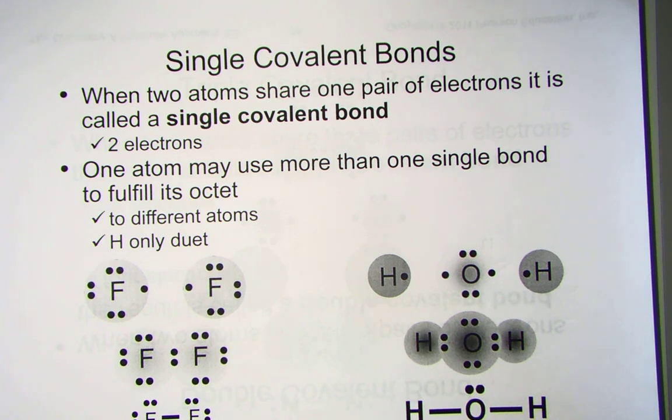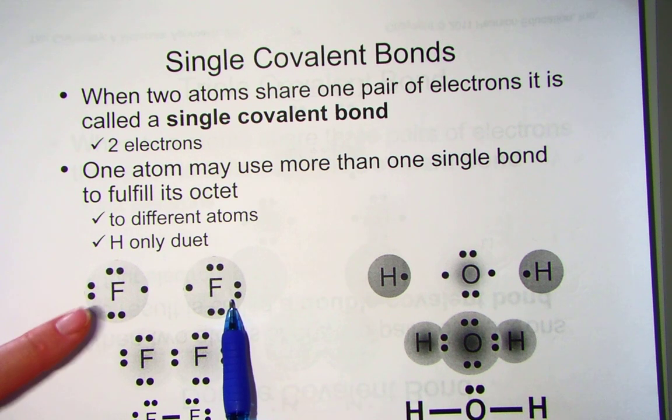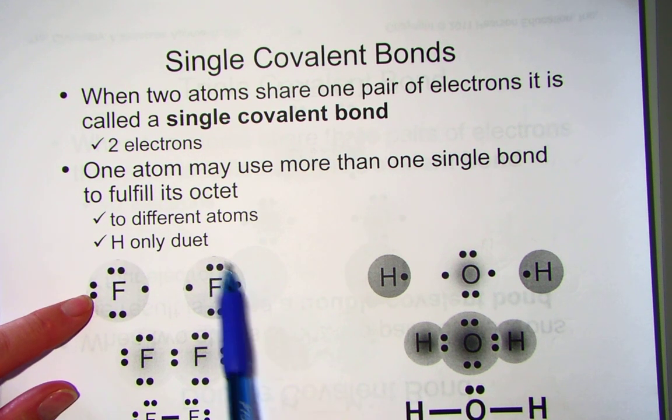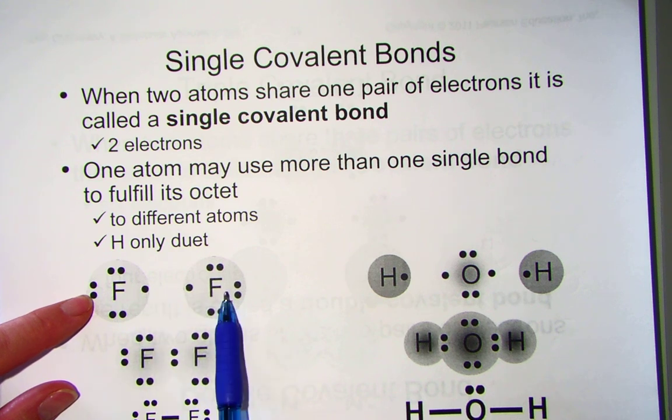When 2 atoms share 1 pair of electrons, we call it a single covalent bond. One atom may use more than a single bond to fill its octet, but we usually call that the hydrogen duet rule. So here's what it looks like. If this is a fluorine atom separate from this fluorine atom, I can clearly see them separated. Each one has 7 valence electrons.